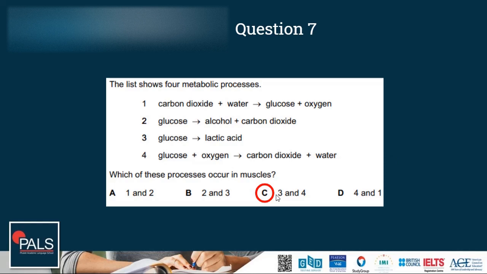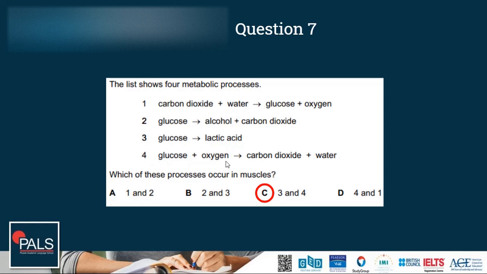C, 3 and 4. Glucose to lactic acid fermentation in our muscles happens during vigorous exercise when oxygen can't be supplied in enough quantity to the muscle, so it needs to switch to lactic acid fermentation.